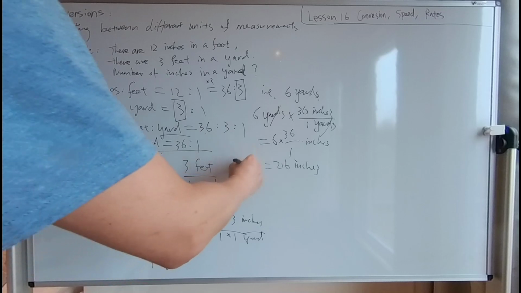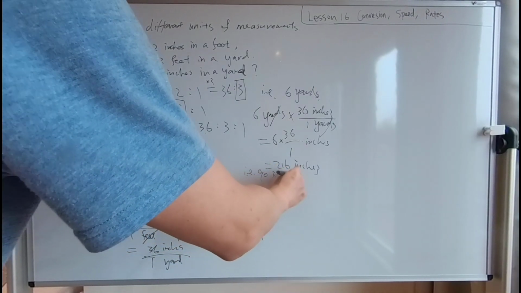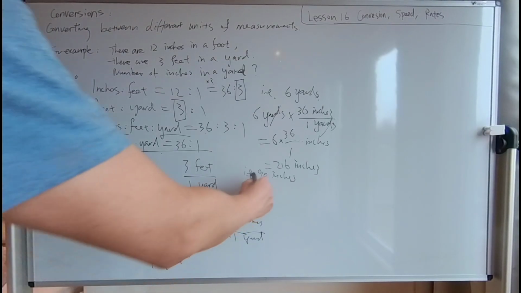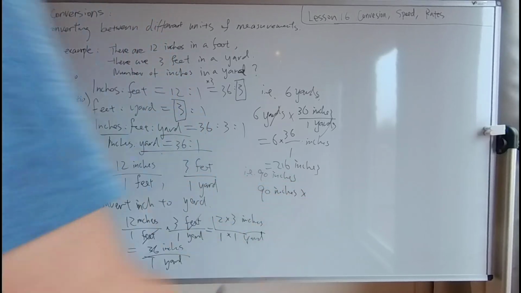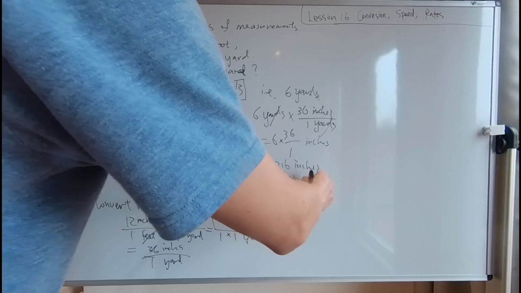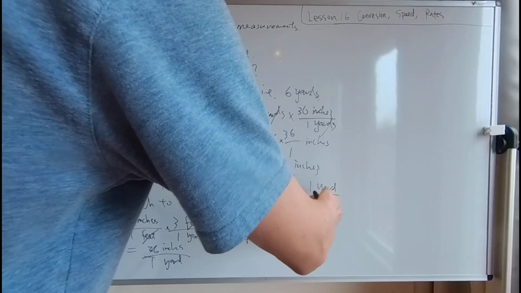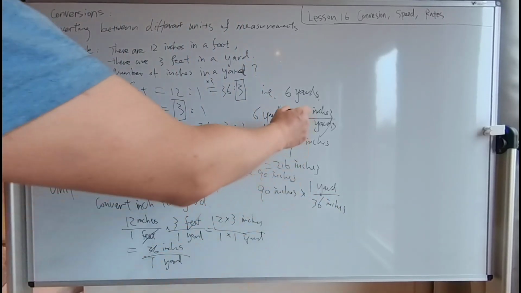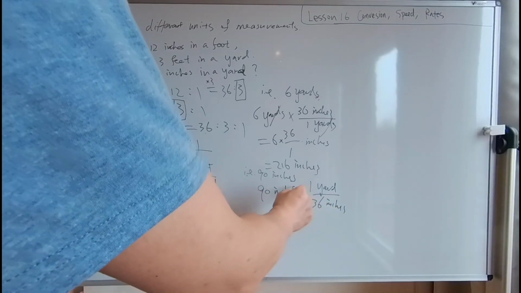Or the other way around, if I have 90 inches, I want to know how many yards it is. So 90 inches. This time I need to use my conversion factor the other way around. It's also equivalent to 1 yard over 36 inches. Now you can see why I'm not using the other ratio, because this time I need to cancel out inches.